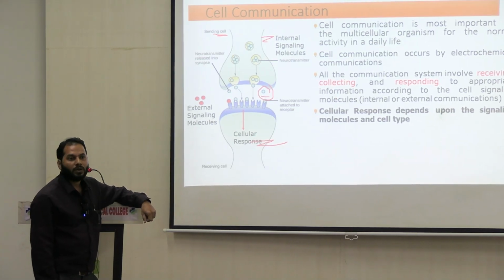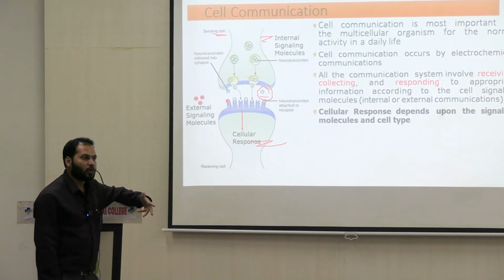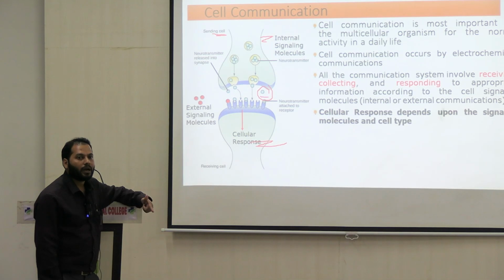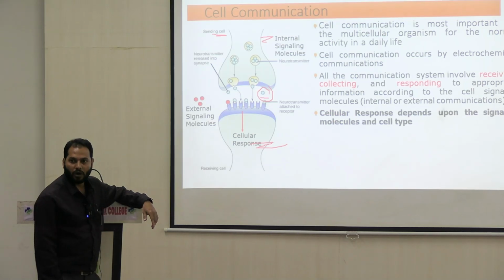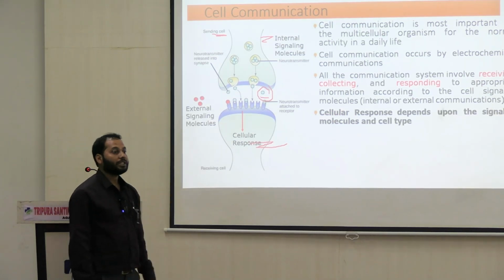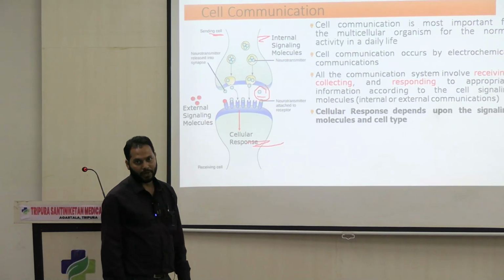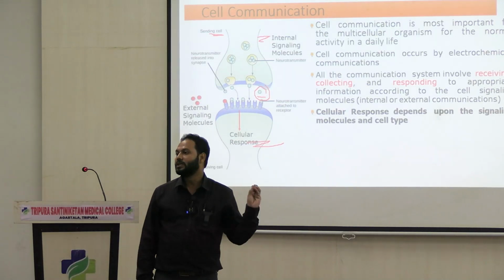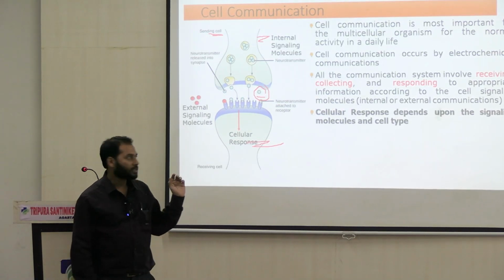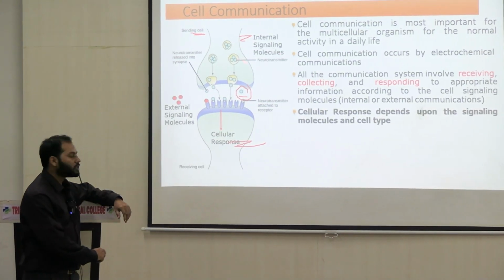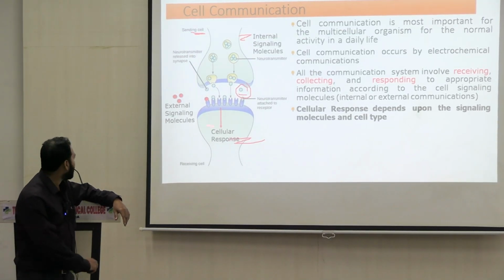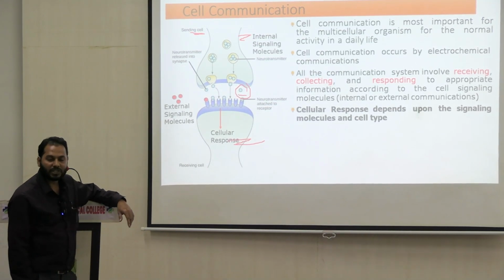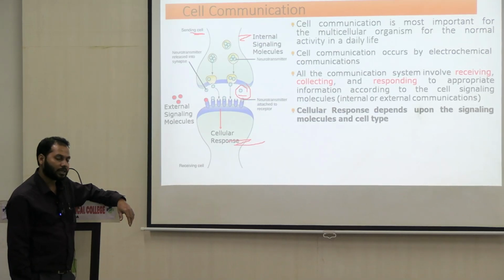Whatever response is given by a particular cell is totally influenced by the type of cells involved and the type of signaling molecule present. Here the signaling molecules are some internal signaling molecules present inside the neuronal cells or inside synaptic vesicles, and some are present on the external side of the neuronal cells.